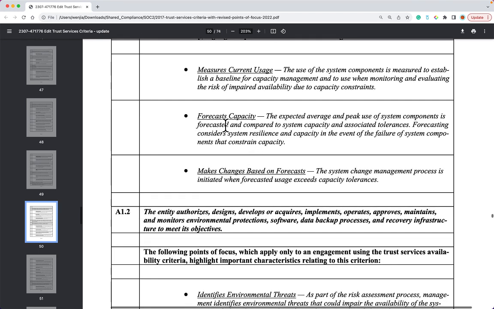And the next point, forecast capacity. So now you know the usage situation, then you need to list some extreme situations, like let's say if a website, you have some high traffic and some low traffic time.